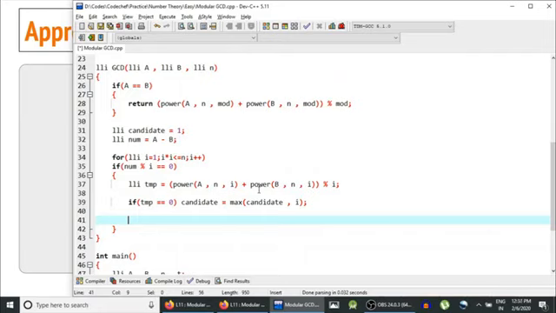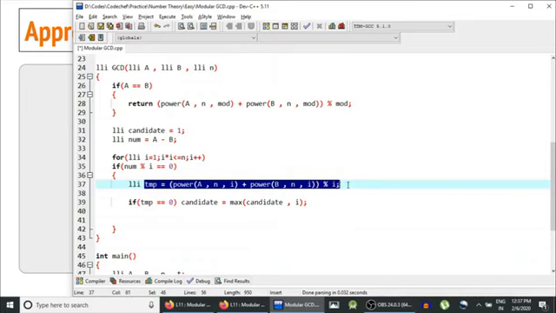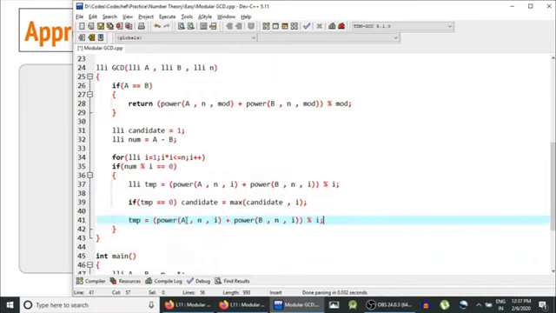So the second divisor would be n by I, right? So we also have to test for n by I. We have tested for I, now we would test for n by I, and that is number by I.